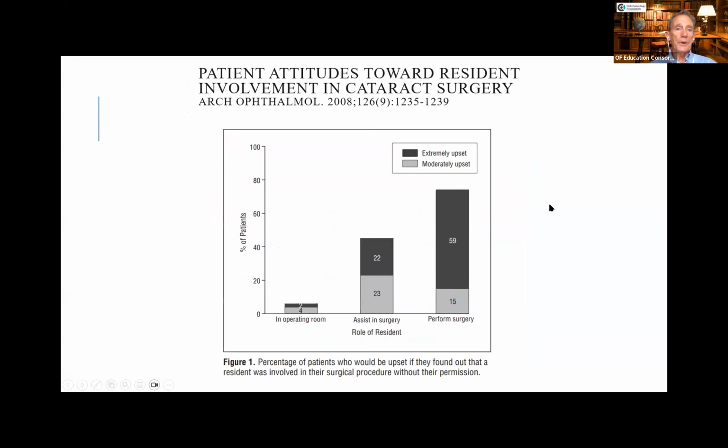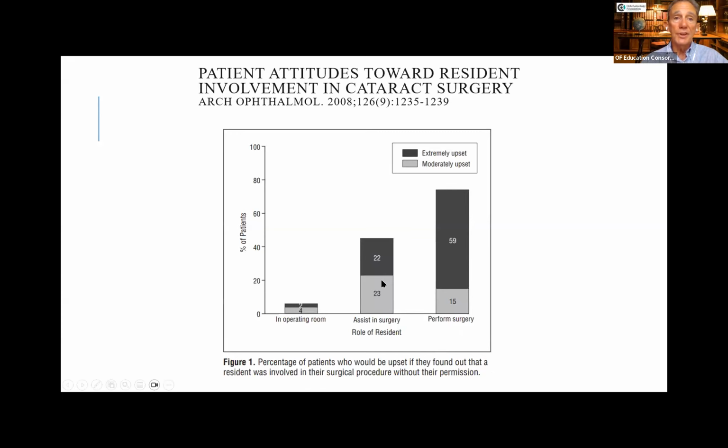And patients are expecting this. There was another question that asked them, how upset would you be if you found out that a resident was involved in the surgical procedure without your permission? When this participation was just looking or being in the operating room and watching, very few would have been upset.